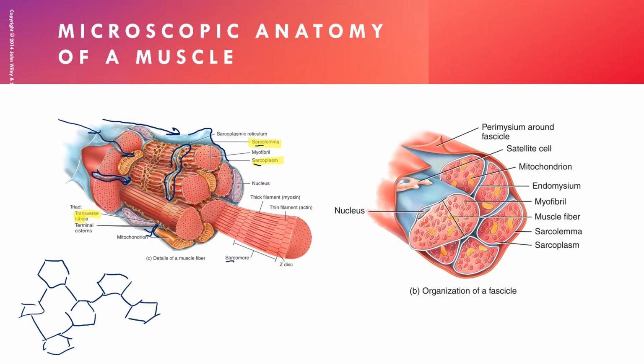In addition, the sarcoplasm contains a red-colored protein, which is called myoglobin. This is a red-colored protein we see within muscle cells. So this protein is only found in muscle, and it binds oxygen molecules that diffuse into the muscle fibers from the interstitial fluid.